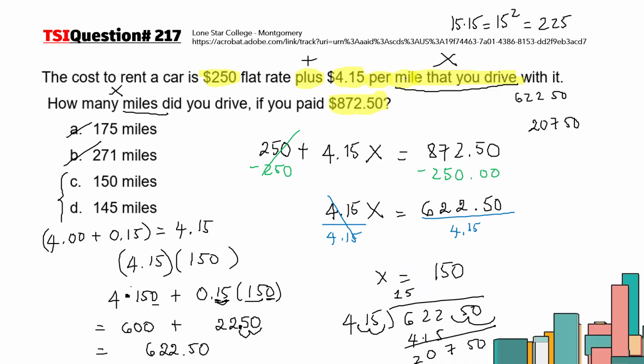2250 for 15. That's 15 for 15. Okay. So now we have 5 times 5 is 25.